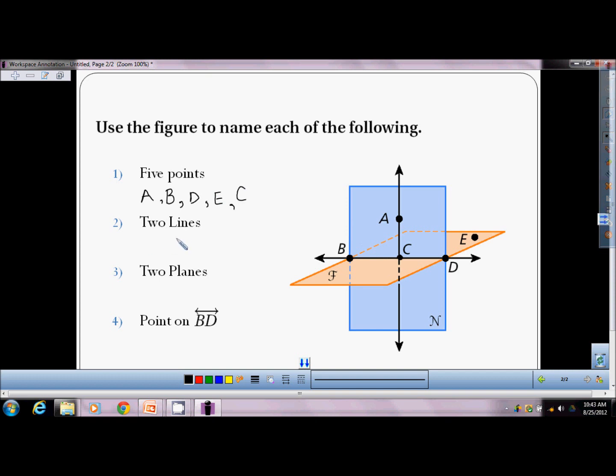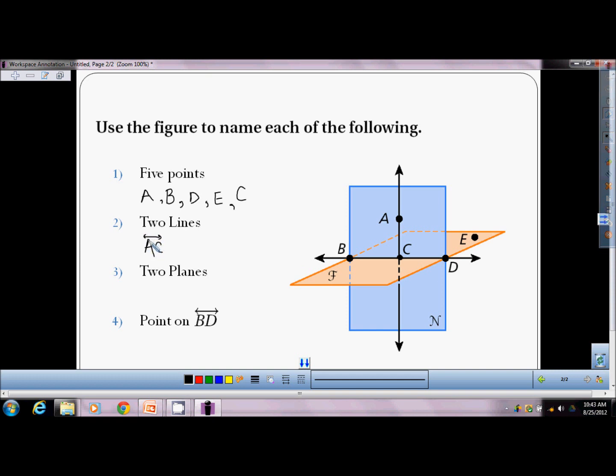Number 2, name 2 lines. If we look at this line, we see that there's 2 points on this line. And to name a line, we need 2 points. So we're going to name this line, line AC. And you'll notice that when you represent a line, we put a line symbol on top of it so that we know it's a line.